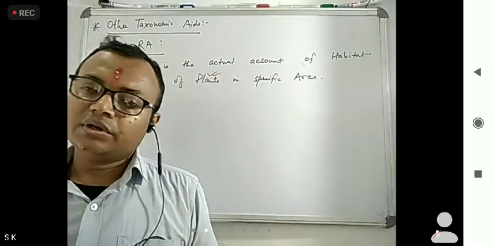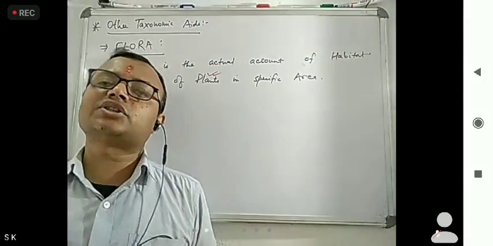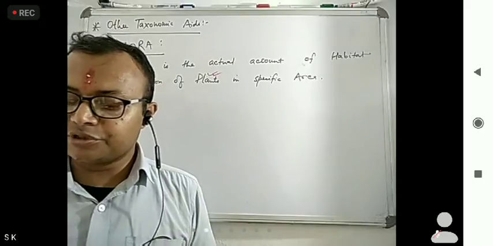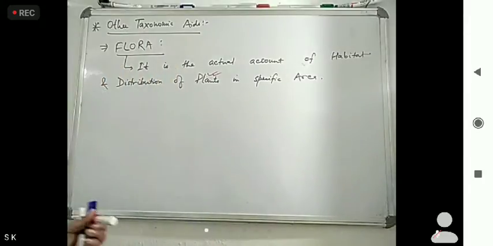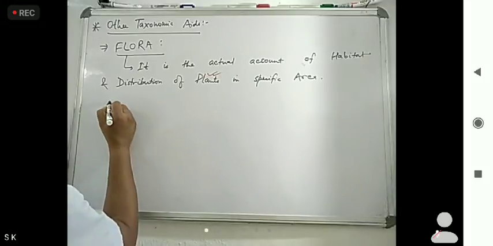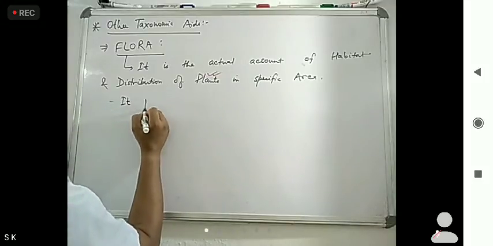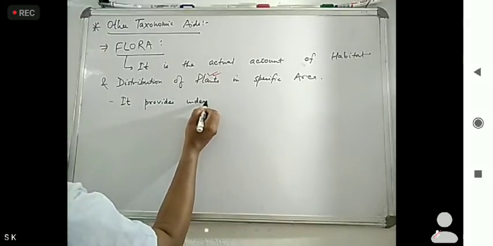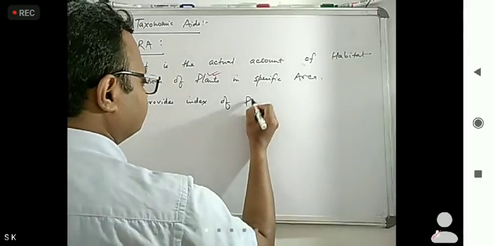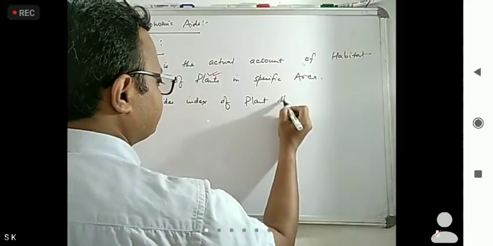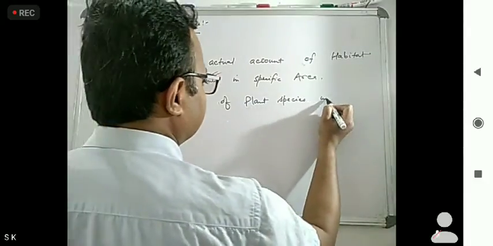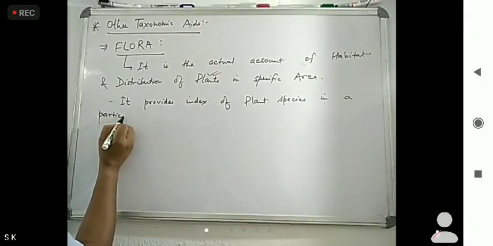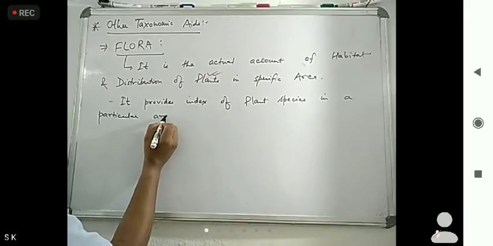Okay, now this provides what? An index of the species, or we can say an index to the plant species found in a particular area. So this is very important. It provides an index of plant species in a particular area.